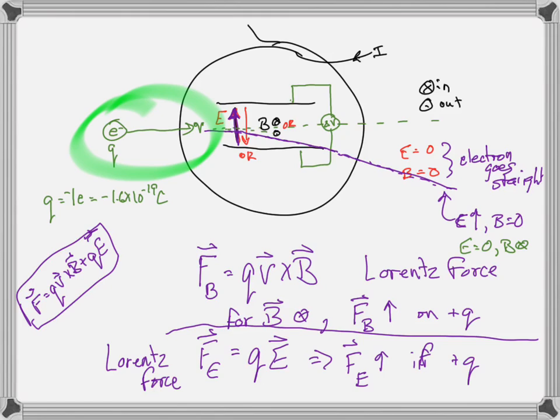But if we turn on both fields and vary them until we get some electrons that travel straight through, then we know the velocity of those electrons is whatever value of E we have divided by whatever value of B. Some others might be going up or down, but the ones that travel straight through have a velocity of E over B. Done.